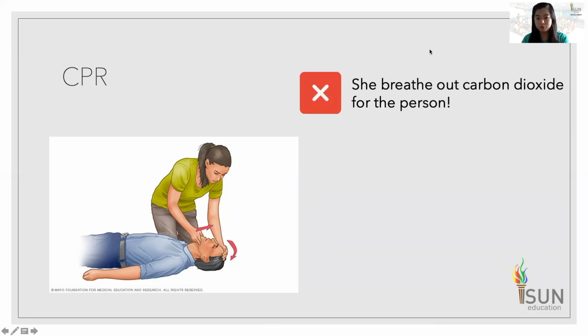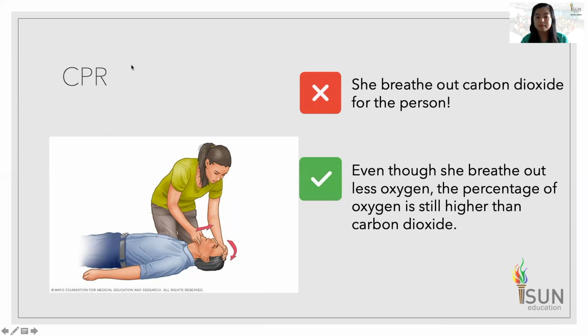Okay, so she only breathed out carbon dioxide for the person. This is a wrong concept. The next one says that even though she breathed out less oxygen, the percentage of oxygen is still higher than carbon dioxide. This is a correct concept. Okay, so she still gives oxygen to the other person.